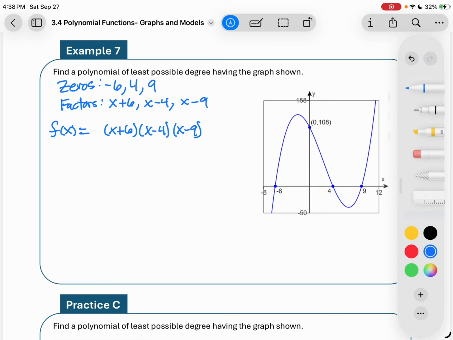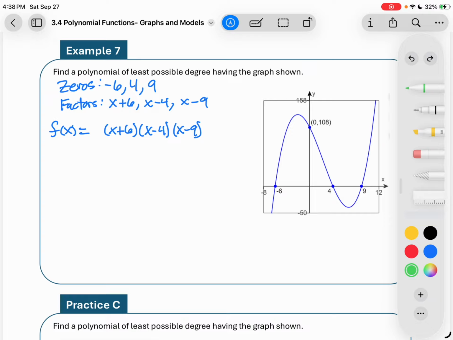It might not. In fact, if we multiply it out, if we get it into standard form, we've got 6 times -4 times -9. That would come out to be 216, which is not 108. So that does not have the correct y-intercept.